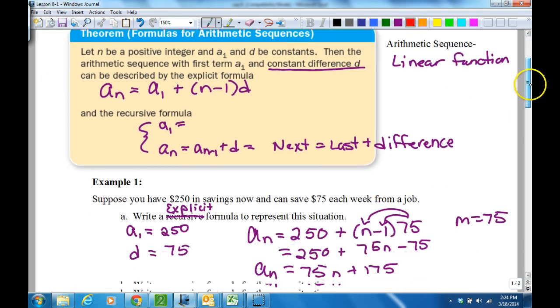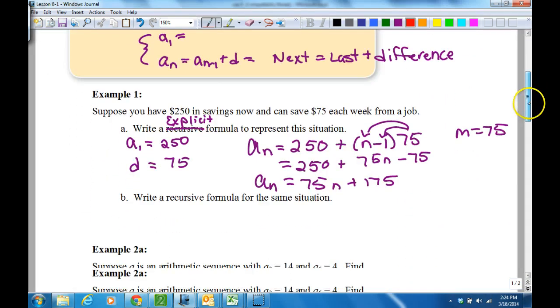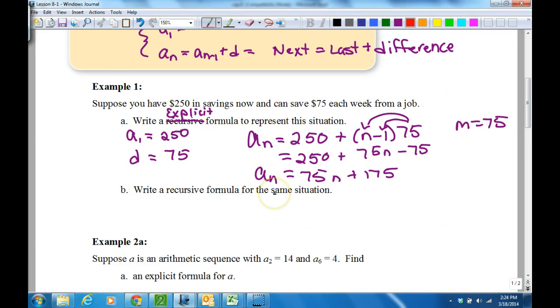All right, so now this says write a recursive formula for the same situation. So on this, we're going to first of all put our bracket. A sub 1 equals 250.